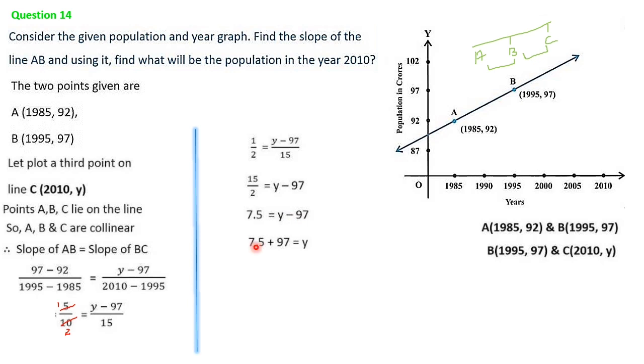Bringing minus 97 to the left side, it becomes plus 97 equal to y. So y is equal to 97 plus 7.5, which is 104.5. So the population is 104.5 crores.